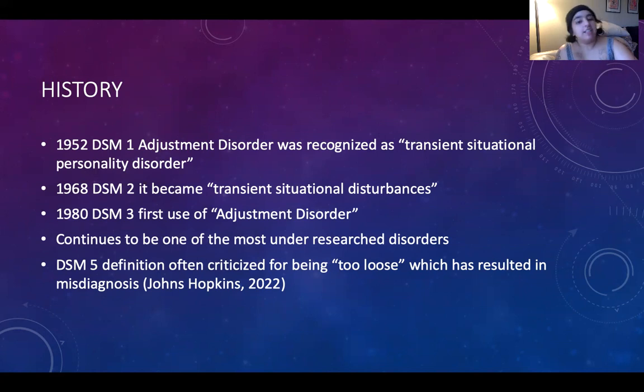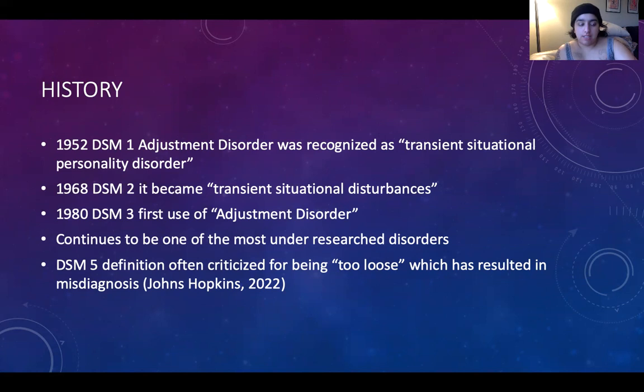In an article from Johns Hopkins University, they talk about the history of adjustment disorder and how it has been criticized for being too loose, which I thought was funny phraseology.